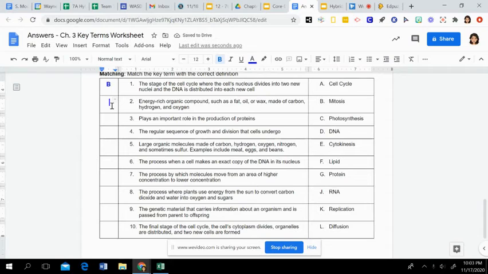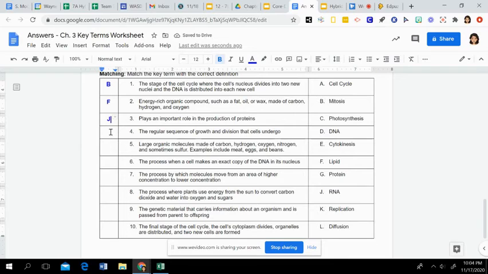The energy-rich organic compound, such as a fat, oil, or wax made of carbon, hydrogen, and oxygen, is considered a lipid. This plays an important role in the production of proteins. This is considered a nucleic acid, and it is RNA.